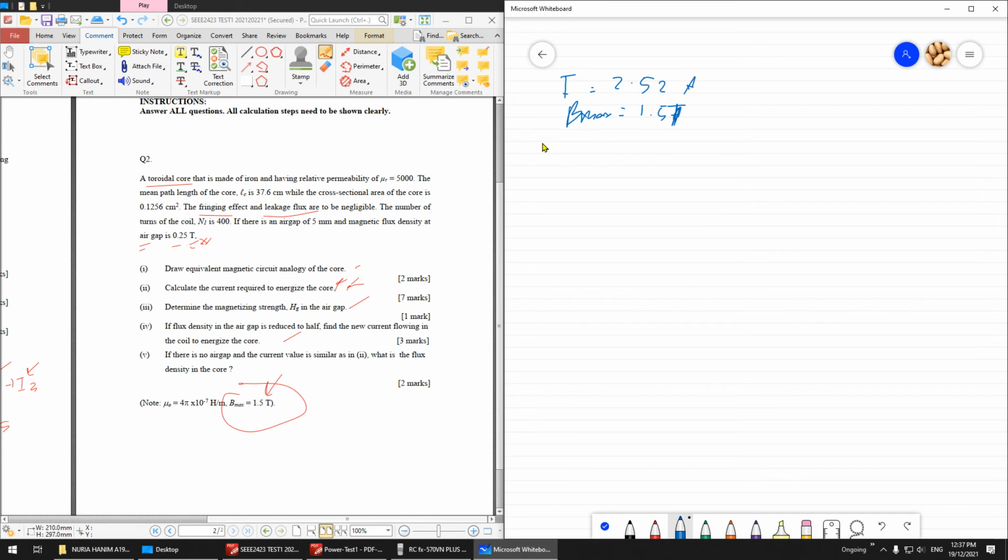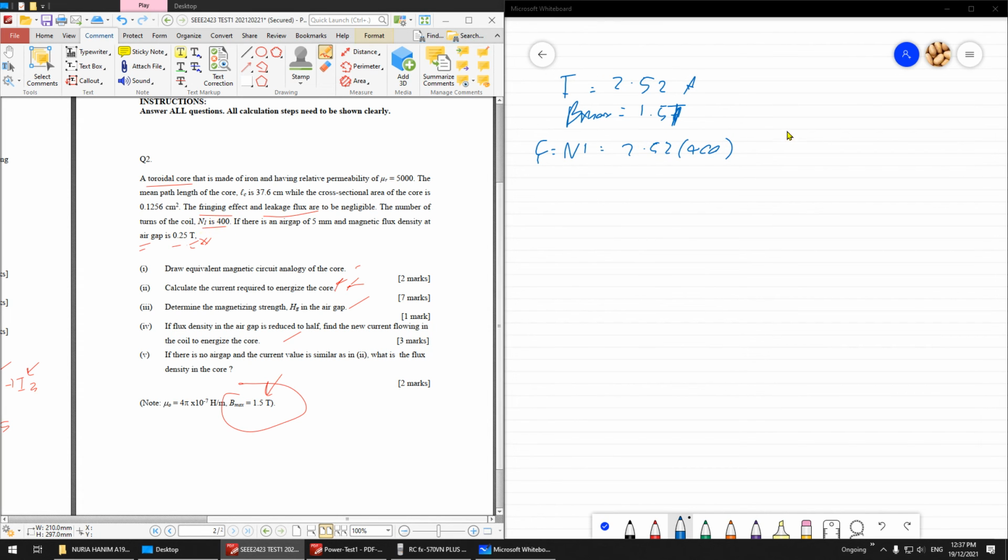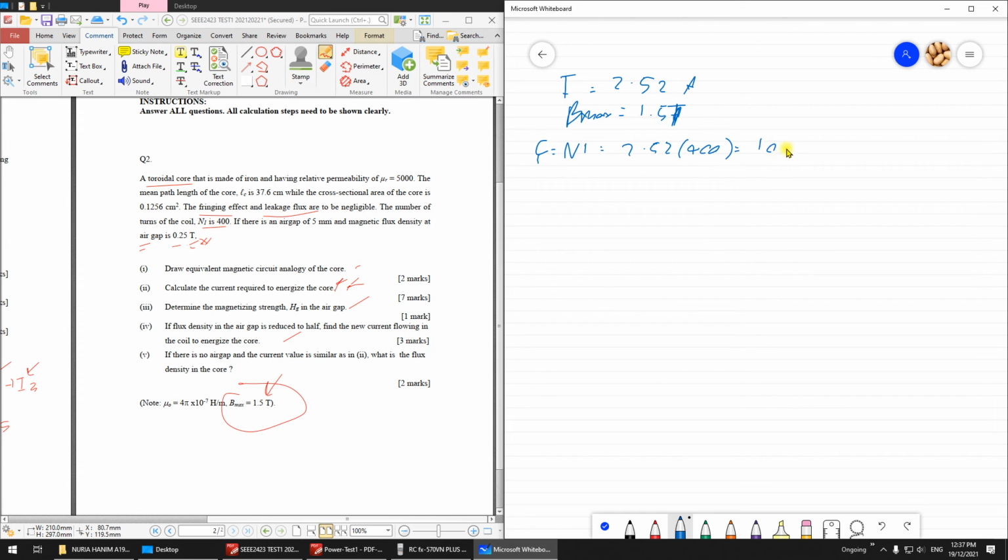So how to solve this? Of course F is equal to Ni, 2.52 times 400 turns. This one you get 1008 ampere turn.